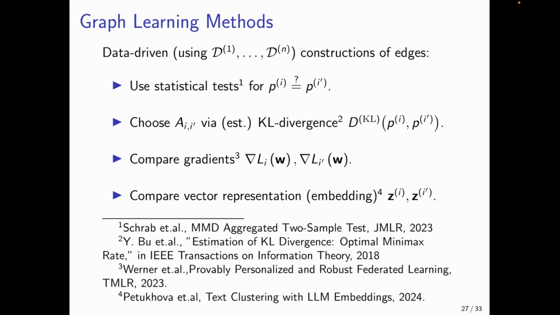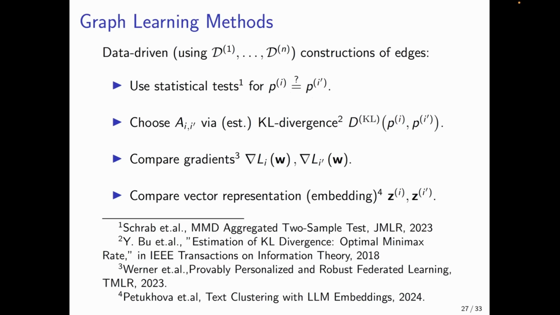This is a well-studied problem with a lot of results and methods for testing if two local data sets are derived from the same distribution. And if this test results in yes, they are from the same distribution, then we put an edge.